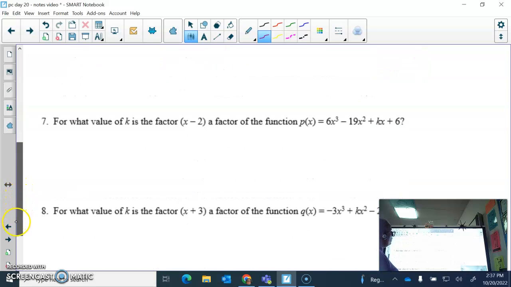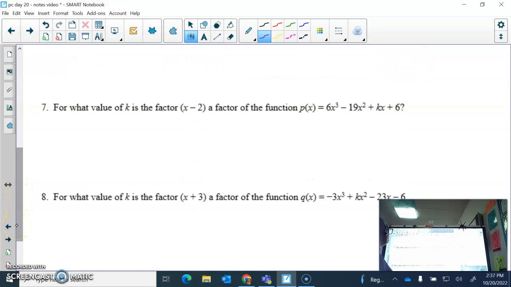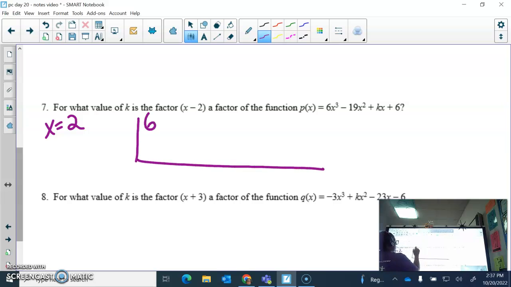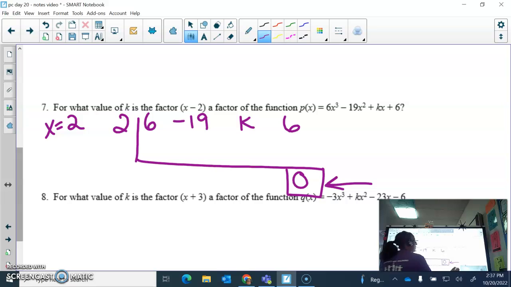All right, let's try one of these k ones. It says, what happens if we know that x minus 2 is a factor? What is the value of k? So 6, negative 19, k, and 6. And we know that x minus 2 is a factor, so we know that the remainder is 0. So now we can, why did I put a 6 there?